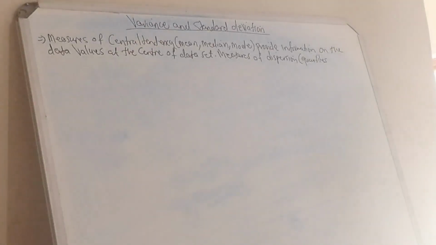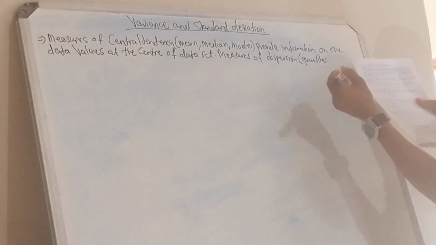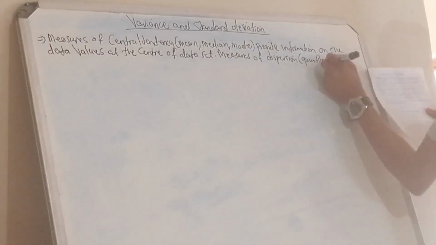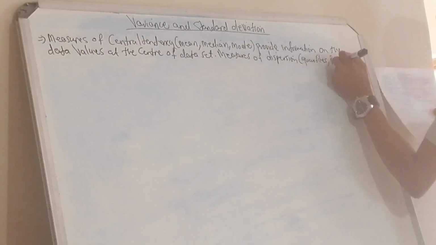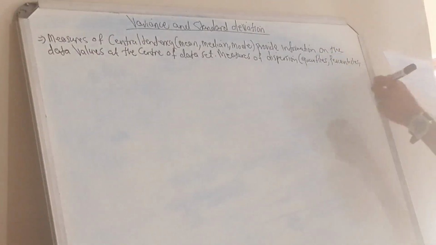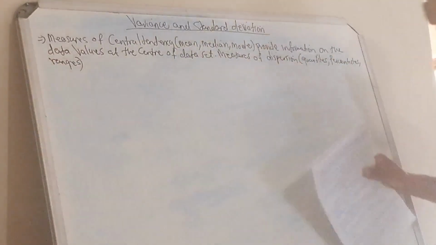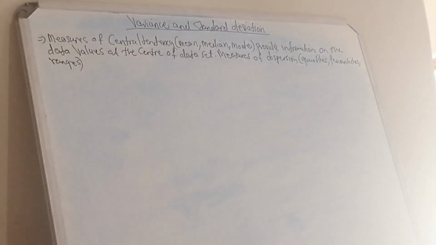Those are what we call the measures of dispersion. Quartiles, and then percentiles. And then lastly, ranges. The range, where you take the maximum, you subtract the minimum, and that becomes the range of your data.